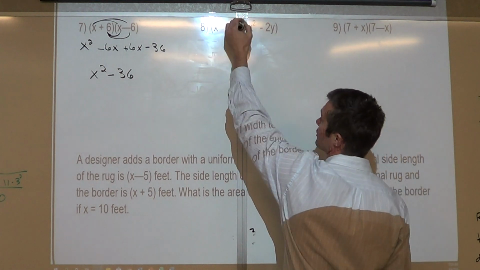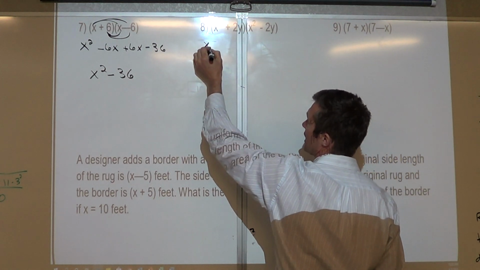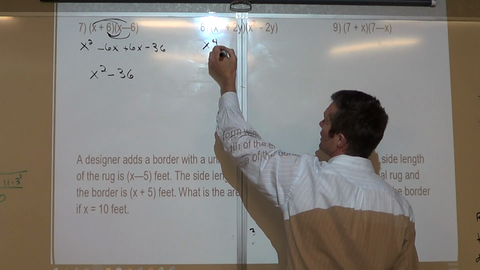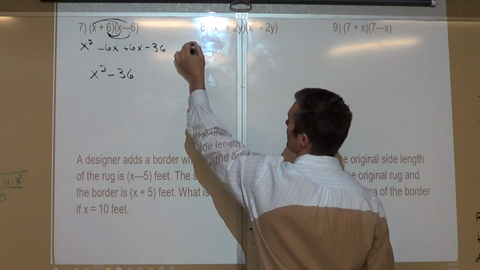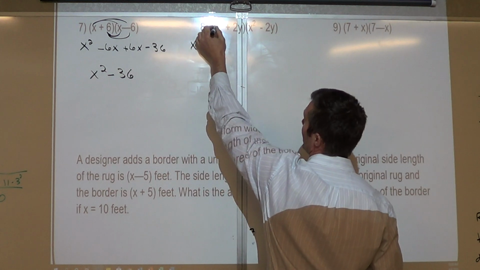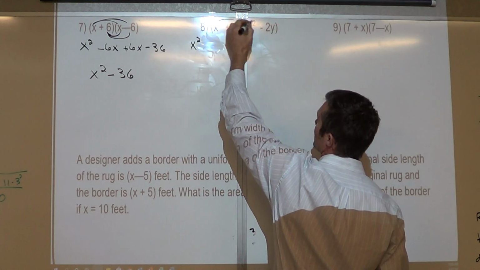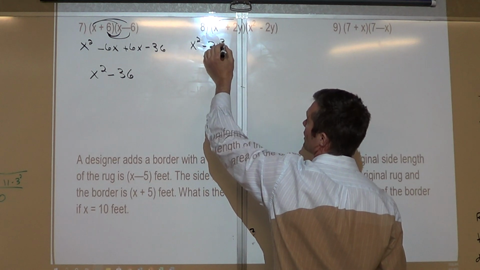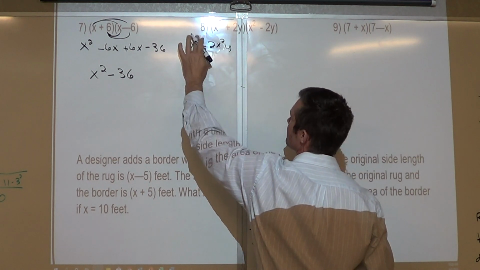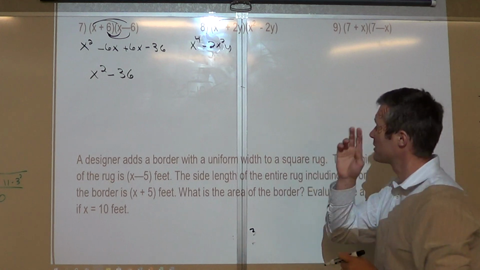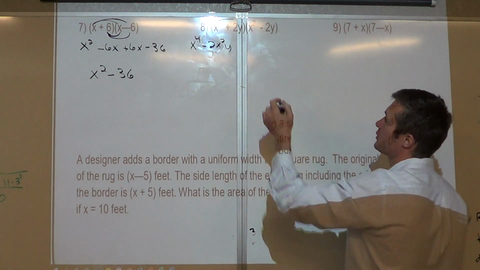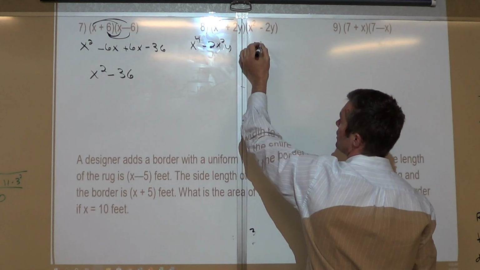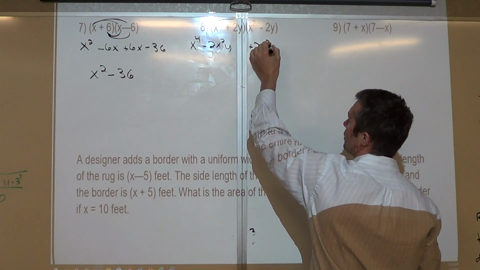Same thing here. X squared times x squared is x to the 4th. X squared times negative 2 is negative 2x squared. Then 2y times x squared is positive 2x squared y.